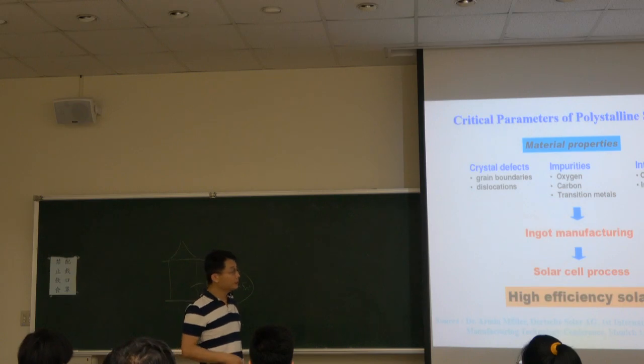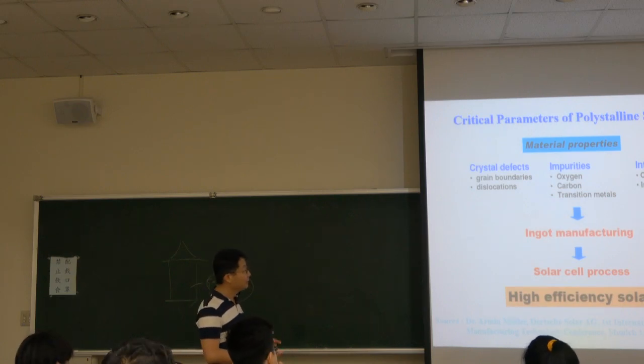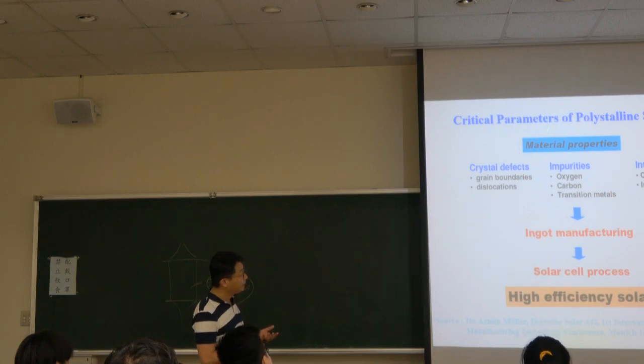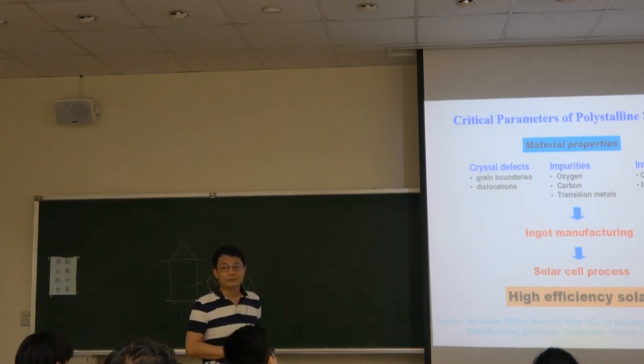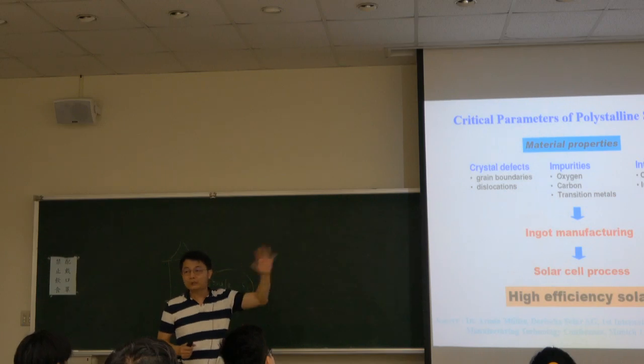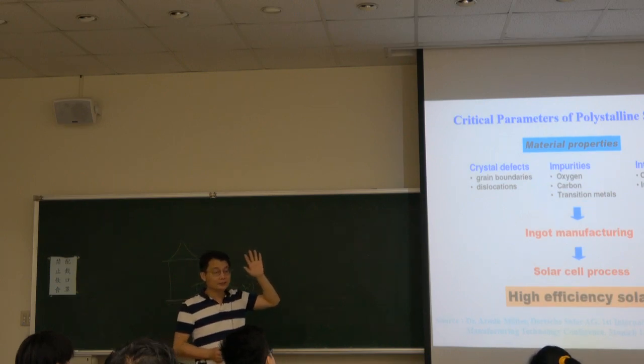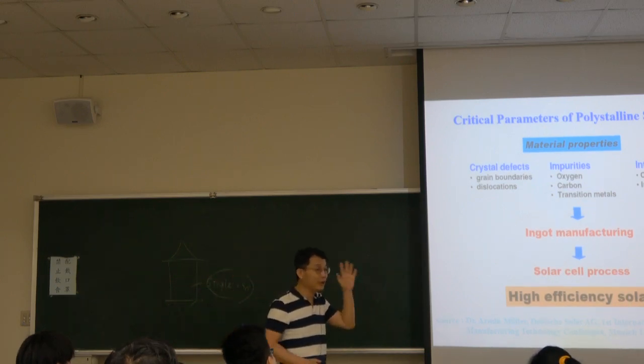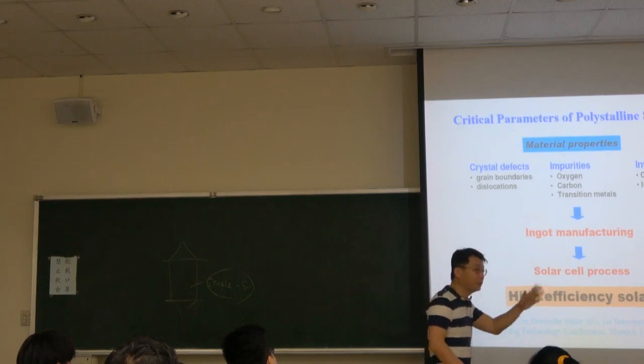So scientists think about whether they can purify the polycrystal silicon. Do you understand? Polycrystal is polycrystal, that's okay, but I just purify the impurity to get ultra high purity polycrystal silicon.